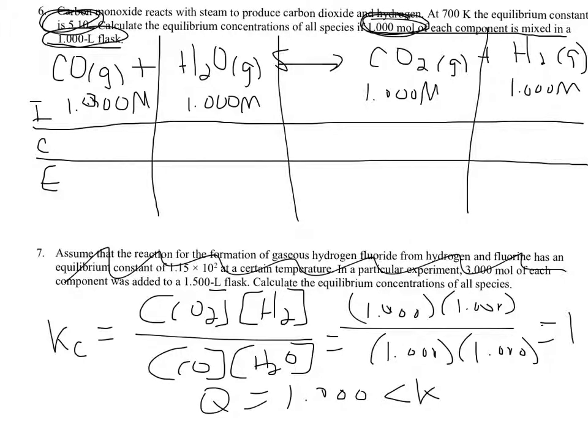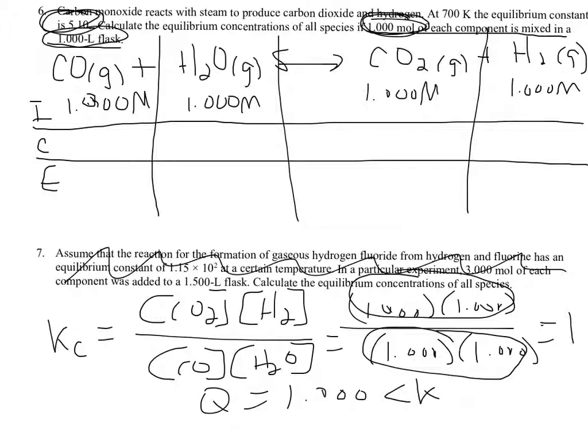So what that means is that my system is not at equilibrium, and in order to get to equilibrium, my numerator amounts are going to have to increase and these denominator amounts will have to decrease. In making those changes, the Q value will approach the constant as it gets to equilibrium.